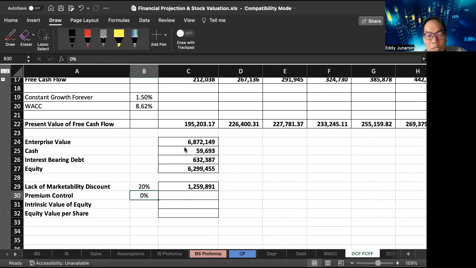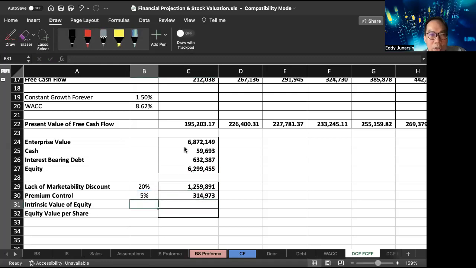And control premium, for example, if you want to buy a certain company or a project or a startup firm, but you don't gain control, so you own less than 51%, then you might want to give like a control premium here, like 5% of this.